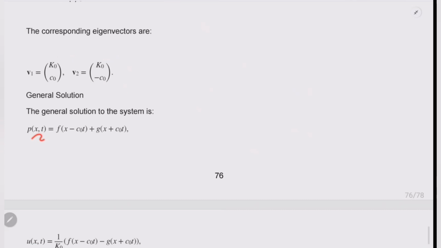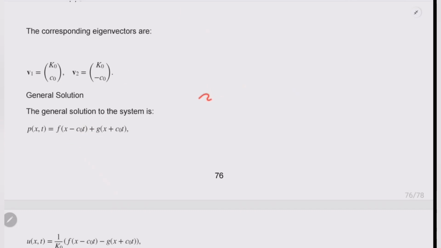So the general solution of such a problem is f of x minus c naught t plus g of x plus c naught t. We already decided in the theory that whenever there are two equations, the solution is written in terms of two waves.